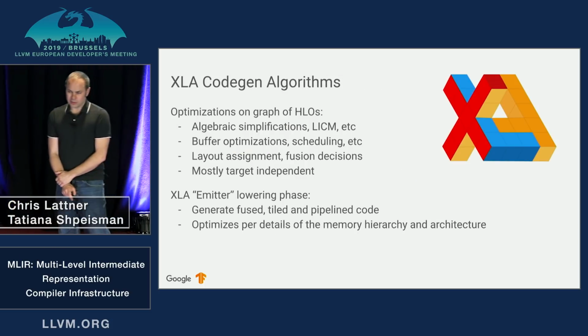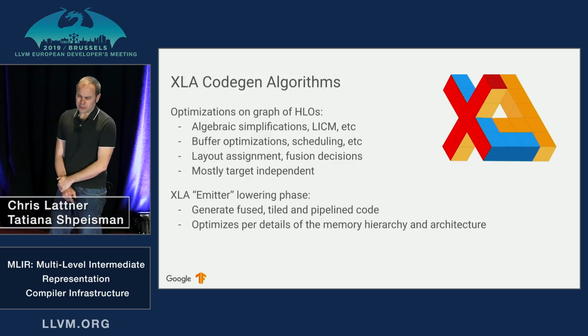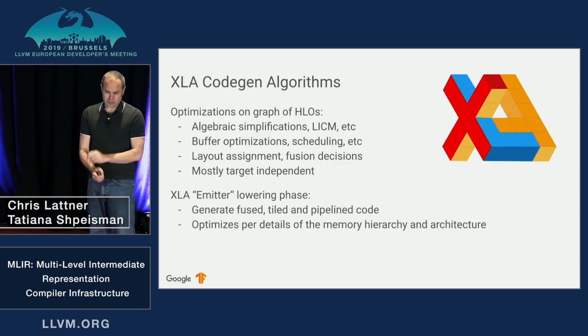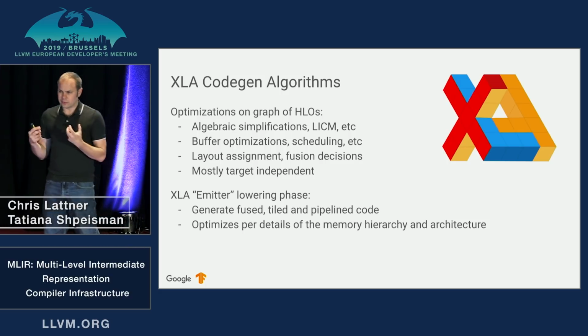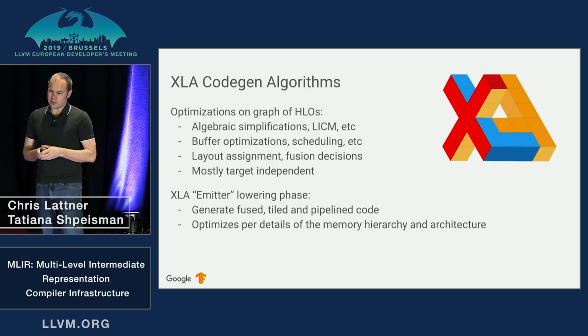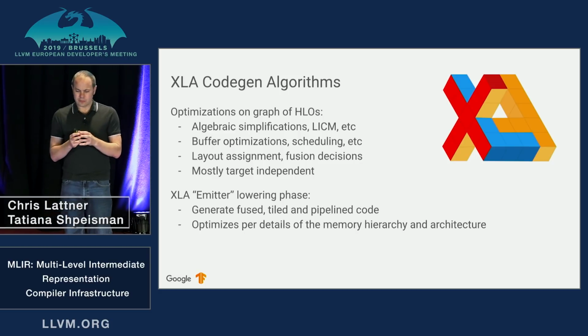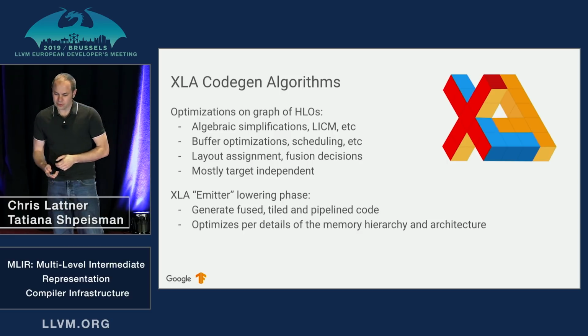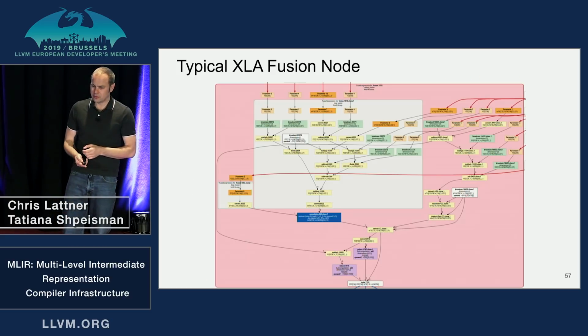XLA is a really great compiler. There's a talk by Thomas, I think it's later today, to talk about some of this. The way XLA works is effectively by having this high-level graph of operations that work on tensors. It provides algebraic optimizations. It does buffer assignment and layout assignment. It decides to fuse operations. And then after doing a bunch of graph-level optimizations, it uses this emitter design to generate LLVM or other target code from this optimized graph.